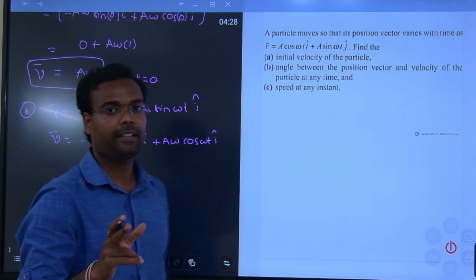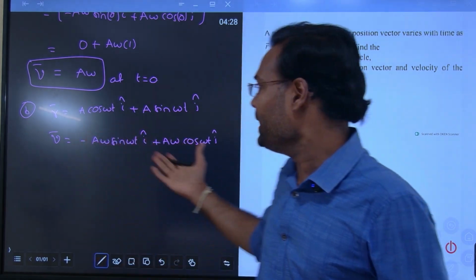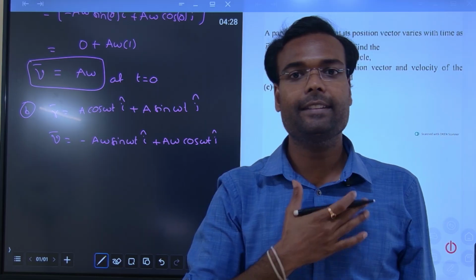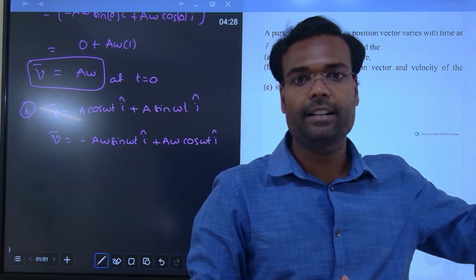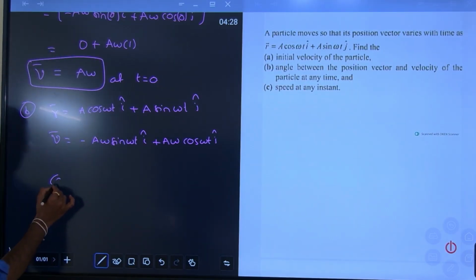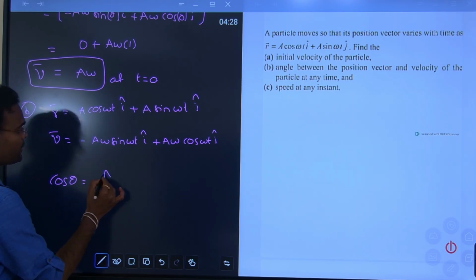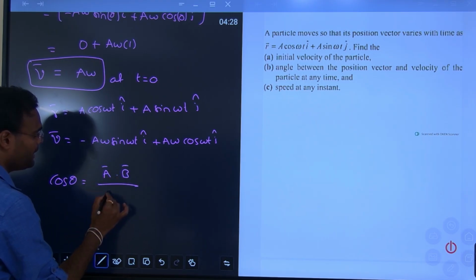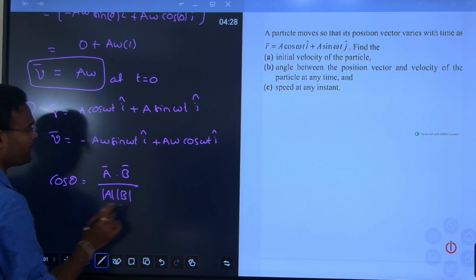Two vectors are given, and they are asking us to find the angle between them. Can I use the scalar product, which we covered in our last class? By using the scalar product, cos theta equals A dot B by magnitude of A times magnitude of B.